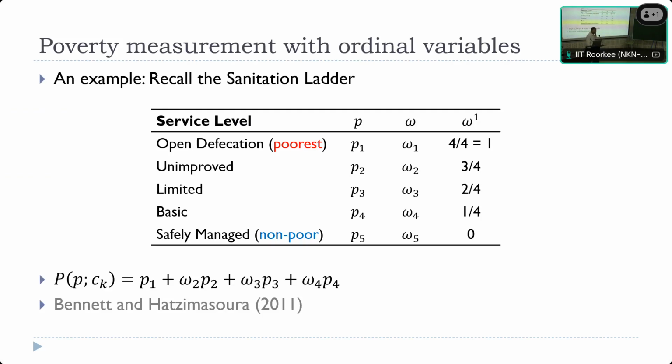So I am not first creating the poverty measure and then trying to show you what it does. I first decided these are the things I want, and through mathematical derivation, that gave me this simple measure. It's very important, before you try to measure anything, to question yourself, do I need it? If not, you have to find the suitable measure that serves your purpose.